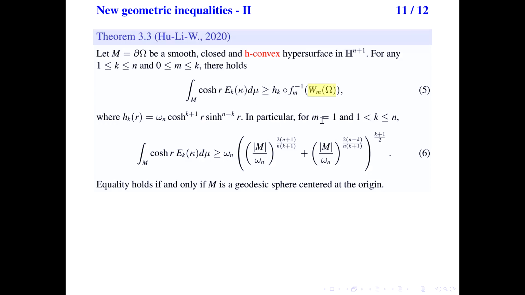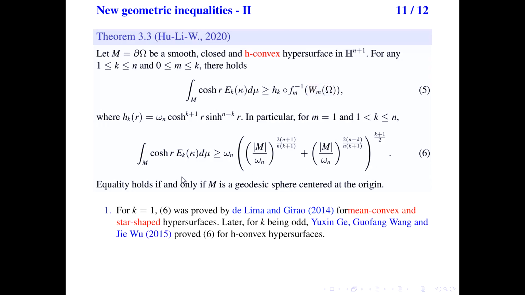In particular, for m equal to 1, W_m is the boundary area, so we can express inequality 5 as the following. The right-hand side is a function of the area of the hypersurface. We can write it down explicitly.